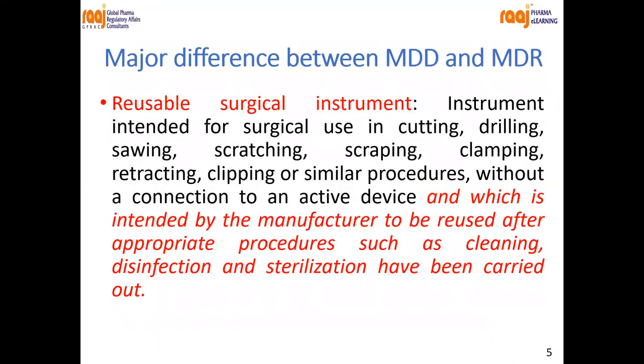Then reusable surgical instruments, what do they mean? Instruments intended for surgical use in cutting, drilling, sewing, scratching, scraping, clamping, retracting, clipping, or similar procedures without a connection to an active device, and which are intended by the manufacturer to be reused after appropriate procedures such as cleaning, disinfection, and sterilization have been carried out.